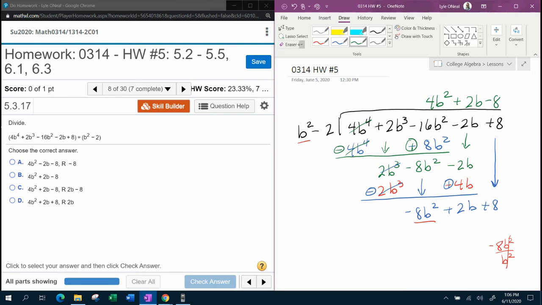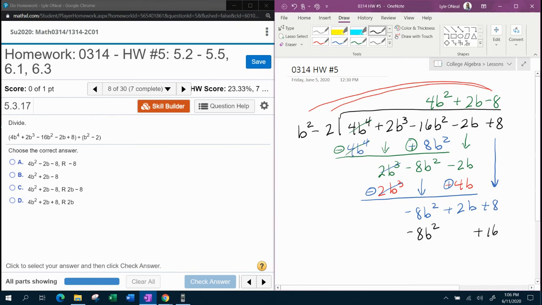And then the next step says that we need to distribute. So we're going to take the negative 8 and distribute it to the divisor. That's going to give me negative 8 times b squared, which is a negative 8b squared. Negative 8 times negative 2. Negative times a negative makes a plus 16.